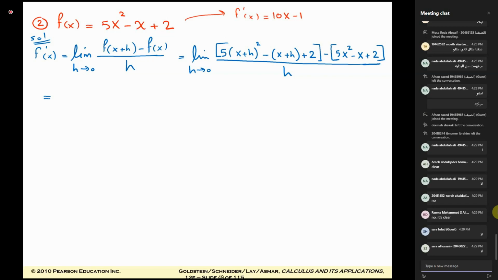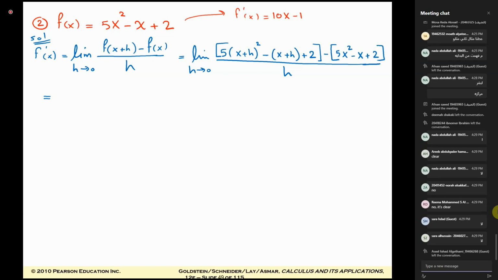What's the meaning of more simplify? If we have a bracket square, we need to find the square. If we have a bracket, remove the bracket after multiplying any numbers outside the brackets. أي شيء بدنا نفكه، بدنا نفك الأقواس، تربيع من الأقواس العادية بدنا نضرب شو اللي حواليها وهكذا.